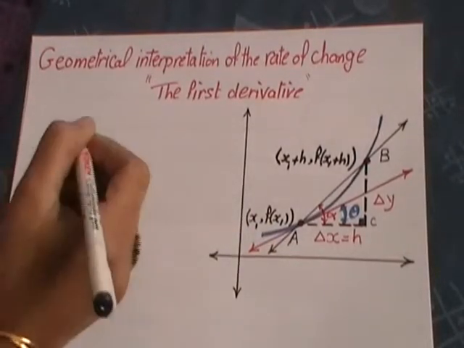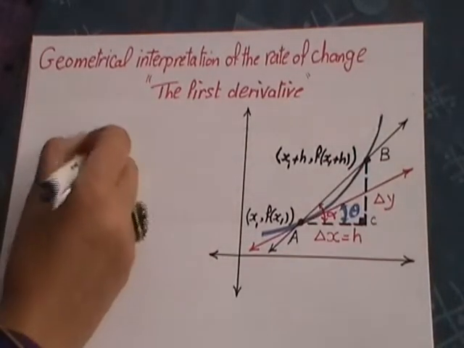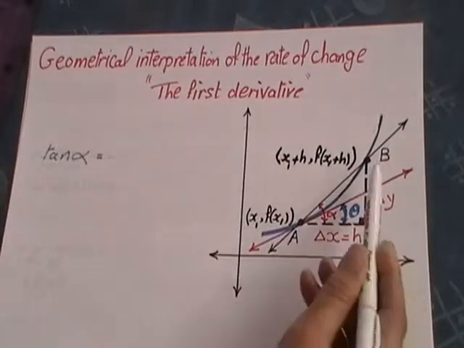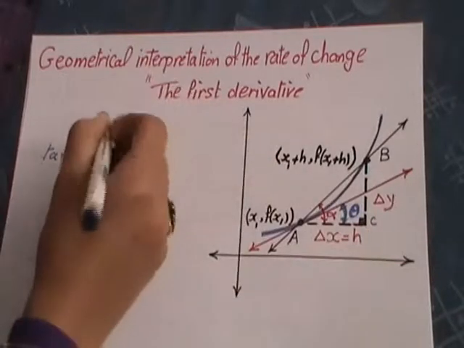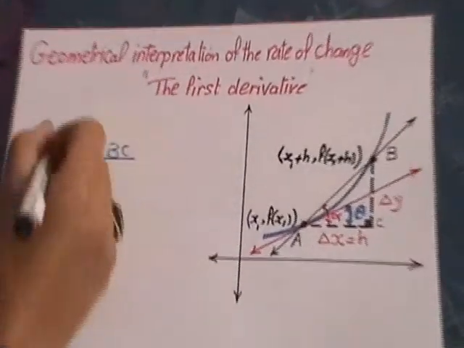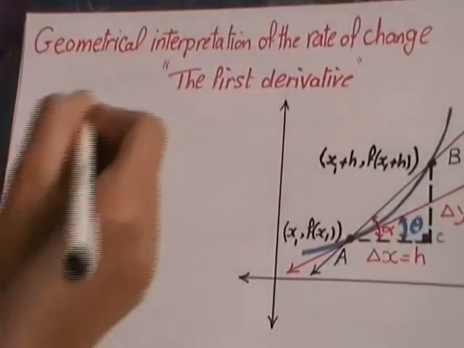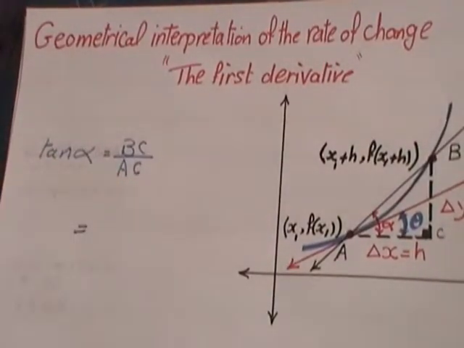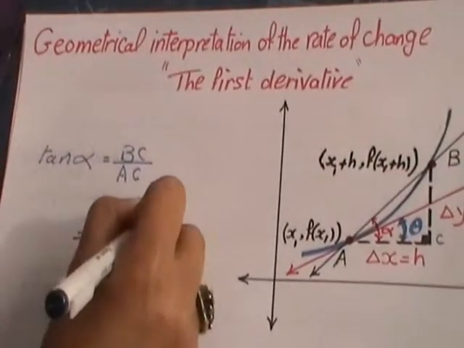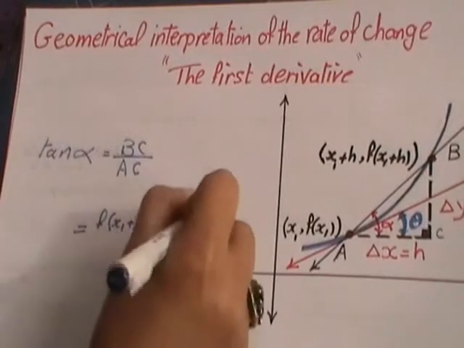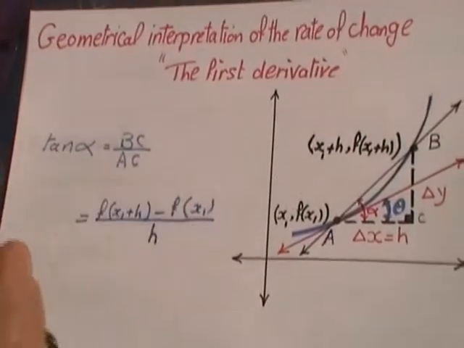Let's see that tan alpha equals, in the triangle BCA, the opposite over the horizontal, BC over AC. We noted that BC is f of x1 plus h minus f of x1, over the horizontal distance, which is h.